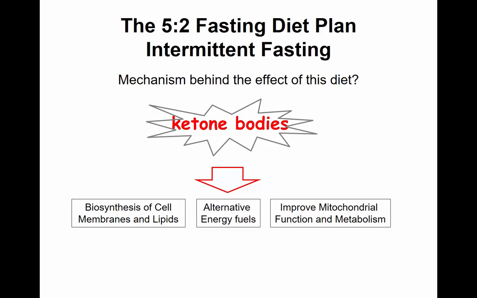Again, during the 2-day intermittent fasting, your body will produce ketone bodies like in a ketogenic diet, right? A mechanism similar to the ketogenic diet, and the ketone bodies have now been studied to play a very important role in metabolism, not just as the alternative fuel for brain and other tissues to use for ATP production, right?